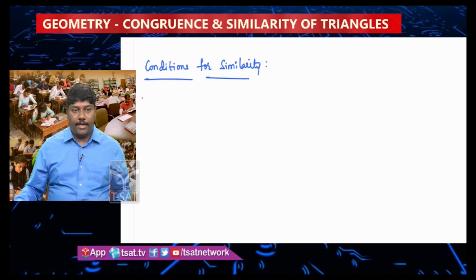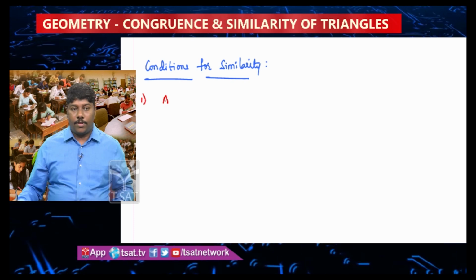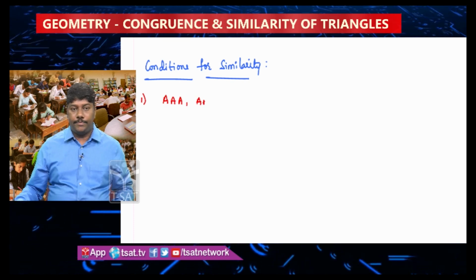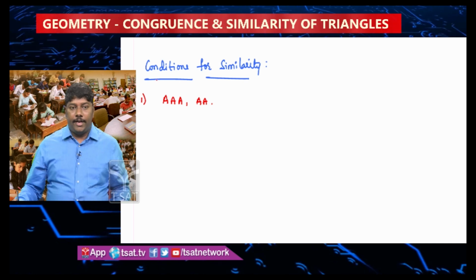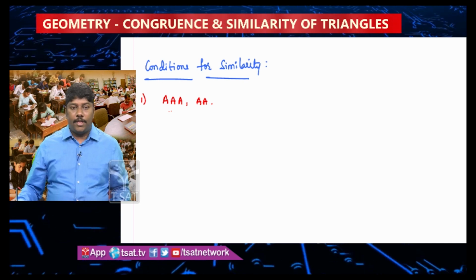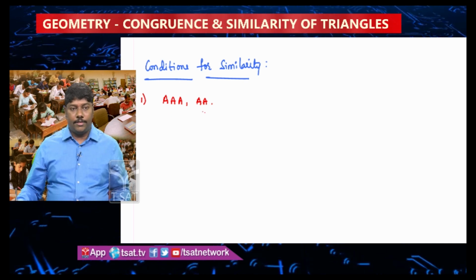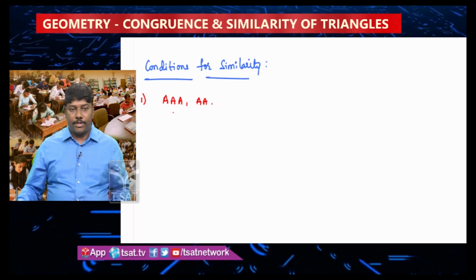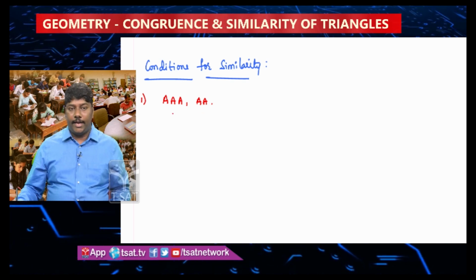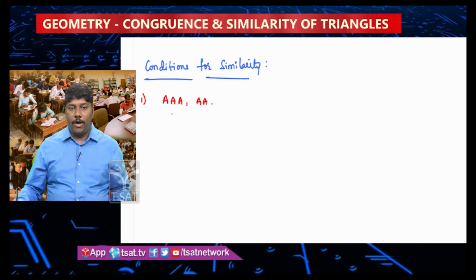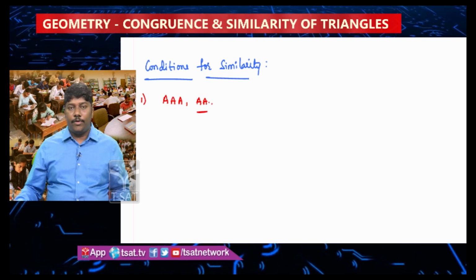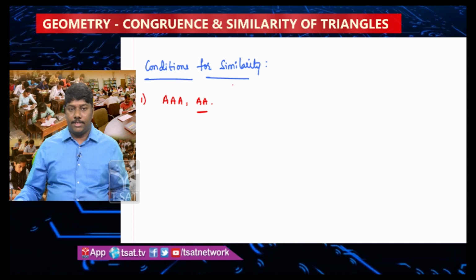Conditions for similarity. The first condition is angle, angle, angle, or else two angles. All three angles of the first triangle should equal all three angles of the second one. Or else at least two angles of the first triangle equal two angles of the other triangle.